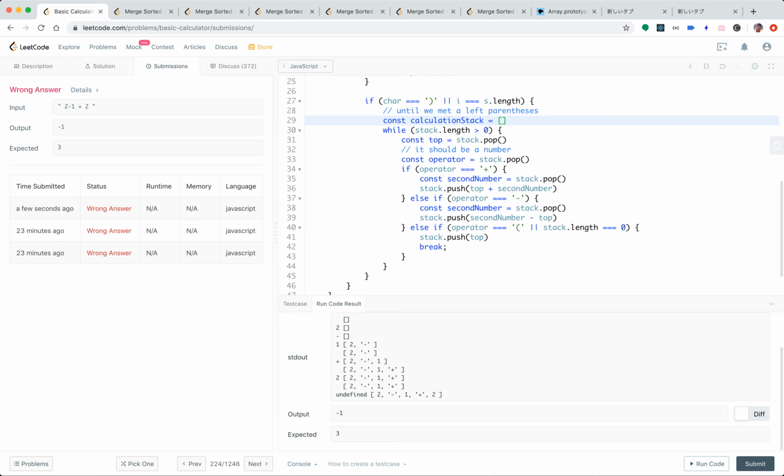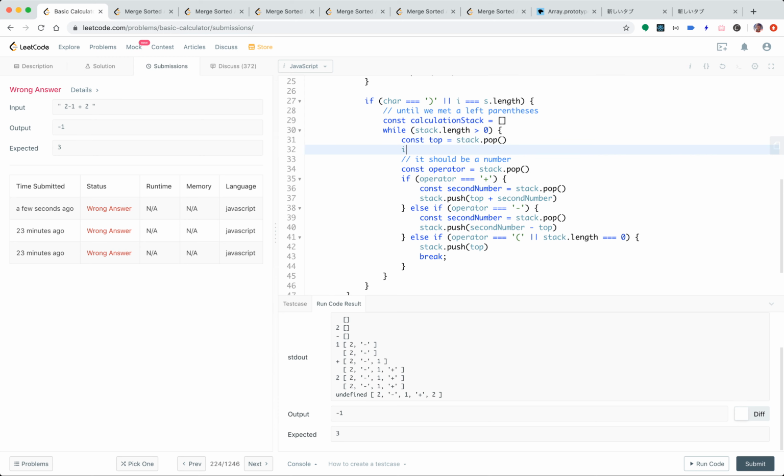So while stack length, we pop it, and then we if top.